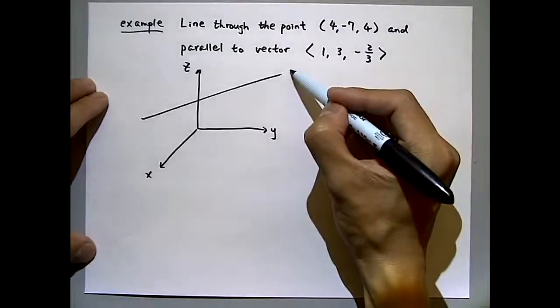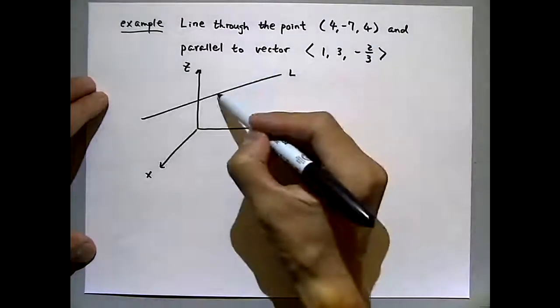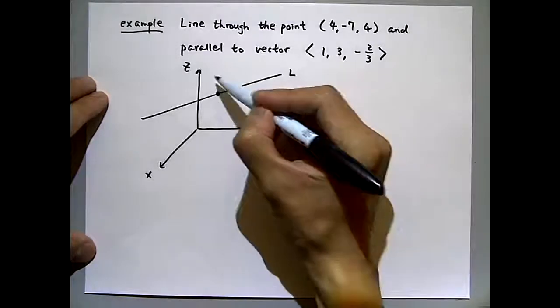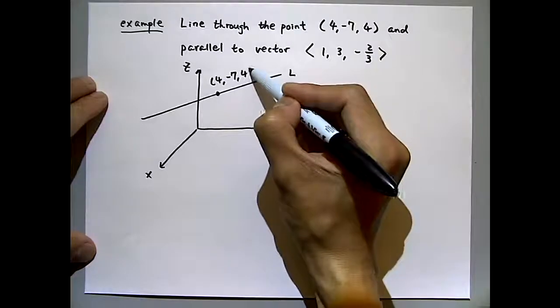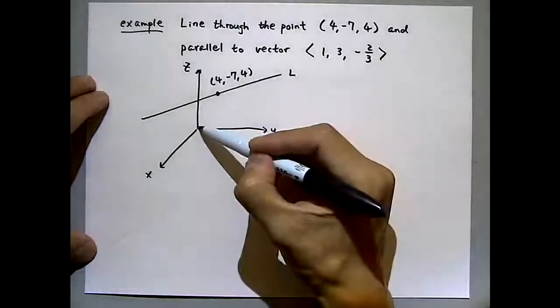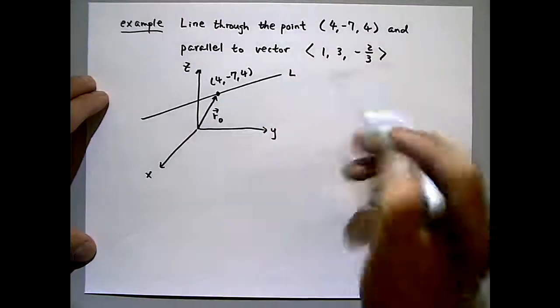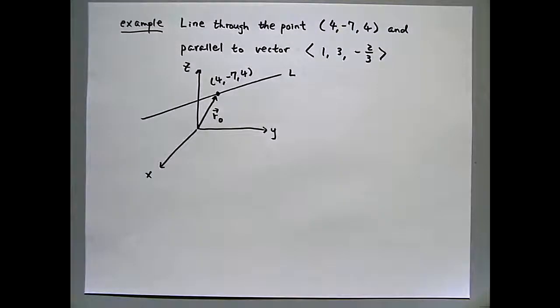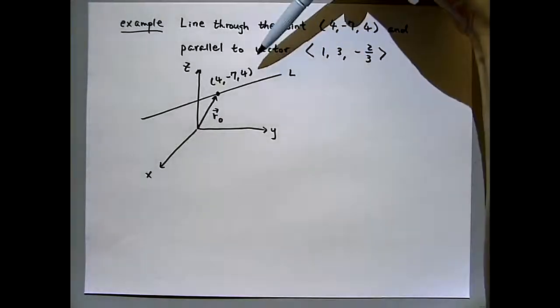There's our line L. And the point right here, let's call that point 4, minus 7, and 4. And remember, the vector r sub 0 is a vector going from the origin to that point you know about.